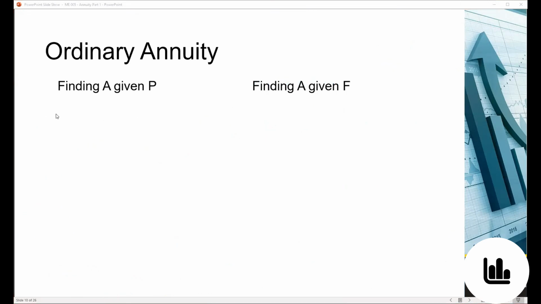Sulat muna natin yung formula natin ng P given A. Anong formula natin sa P? 1 minus (1 plus i) raised to negative n, divided by i. Yan, di ba? Tama ba? Tapos yung isa naman sa F naman, F given A, (1 plus i) raised to n minus 1, divided by i.